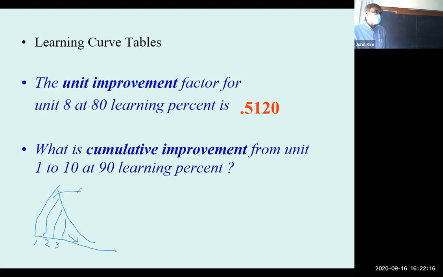For this individual unit, time or cost, we can use the unit improvement factor. If we need the kind of area from 1 to 10, or any range from 10 to 20, 20 to 50, something like that, we can use this cumulative improvement factor. I call this one the cumulative factor, CF.